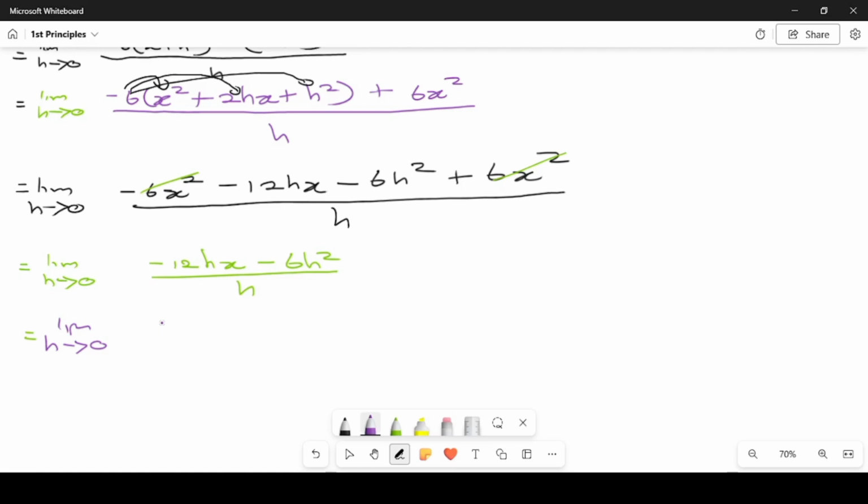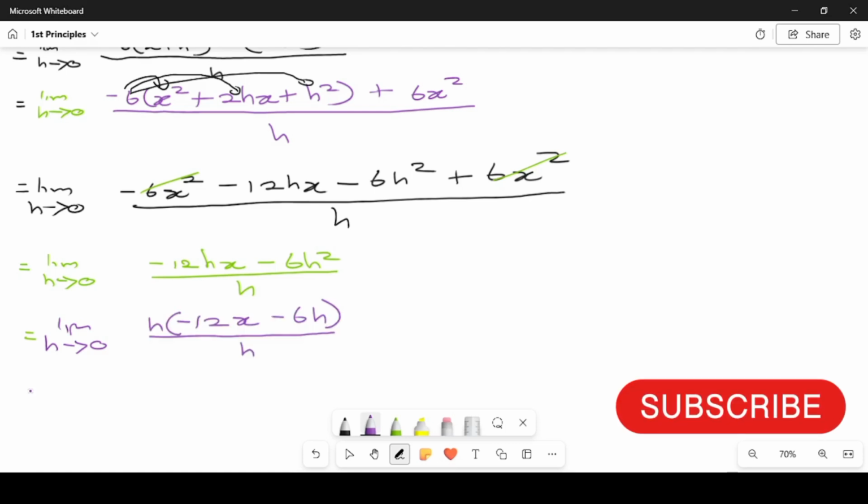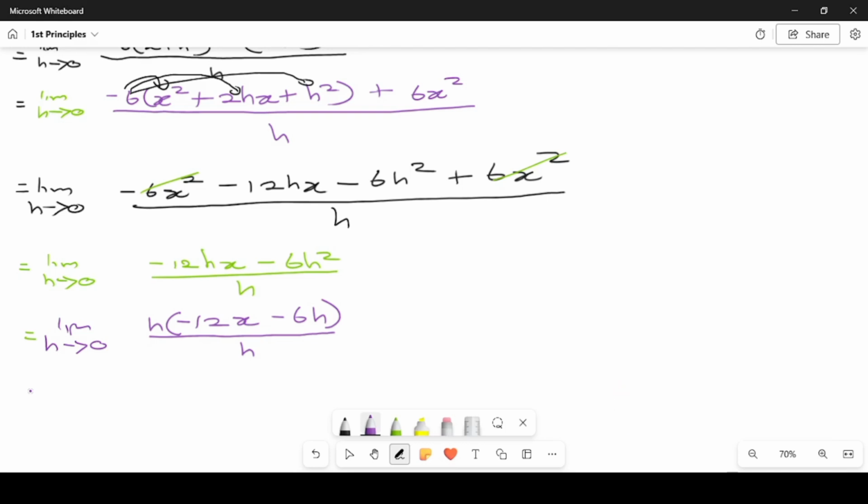We divide that by h, and we rewrite again. We say lim h approaches 0, right? Now, this and this cancel out, okay? And now what are we going to have left? We are going to have minus 12x minus 6h, right?